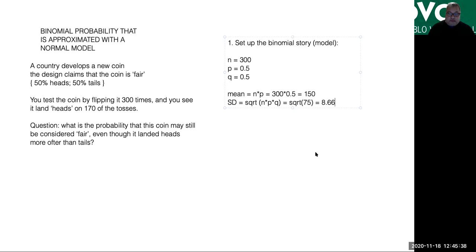So that's the mean and the standard deviation. And now we're going to approximate the binomial with a normal model that has the same mean and the same standard deviation.